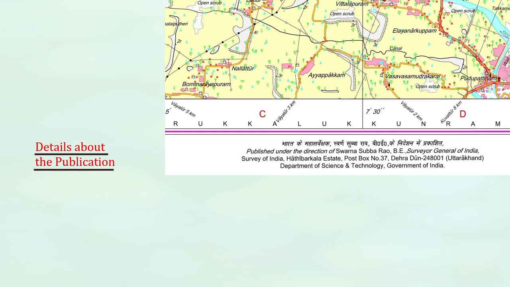Next, details about publication, published by Survey of India, which comes under the Department of Science and Technology. So, these are all extra marginal information you can find in the open series map.